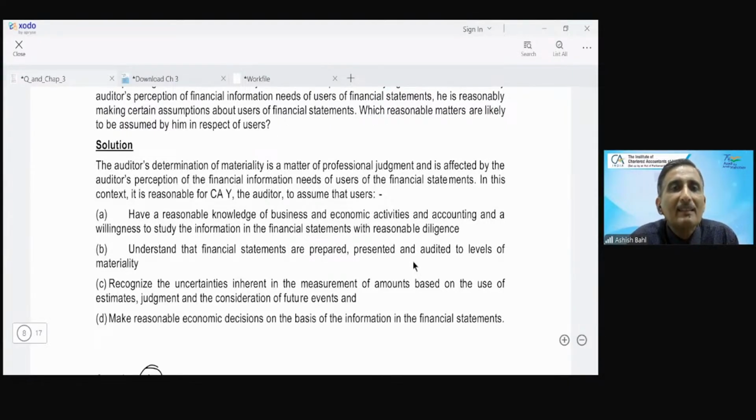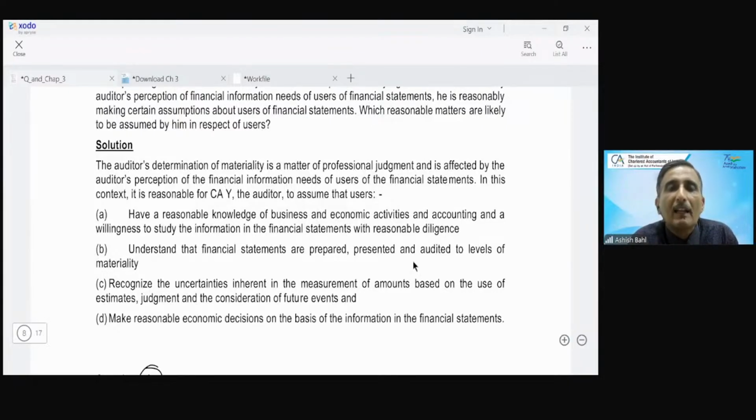Second assumption he makes is that users understand that financial statements are prepared, presented, and audited to the levels of materiality. Users know this concept, that the auditor is going to find only material misstatements and form an opinion.